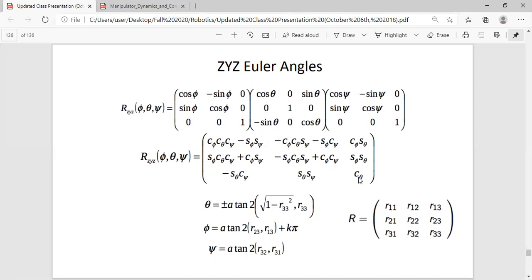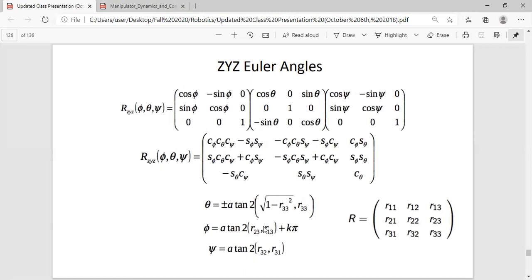So I can find theta, which is the inverse cosine of R33, or you can do it based on the tangent. If you have a cosine theta, you'll have 2 solutions, plus and minus. In this case, we're using the A tan 2, which will also return plus and minus. So this is my theta. We can find it from here.